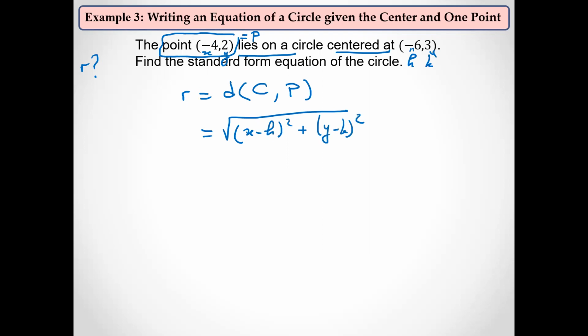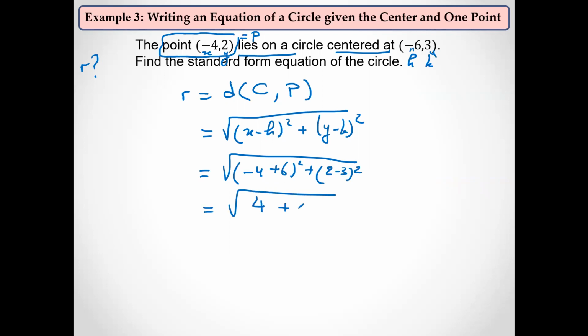Here the order is not important because we have square, okay? So we replace minus 4 minus 6, so plus 6. And 2 minus 3 square. 2 square 4, 1 square 1, root 5. So we have the radius, we have the center.